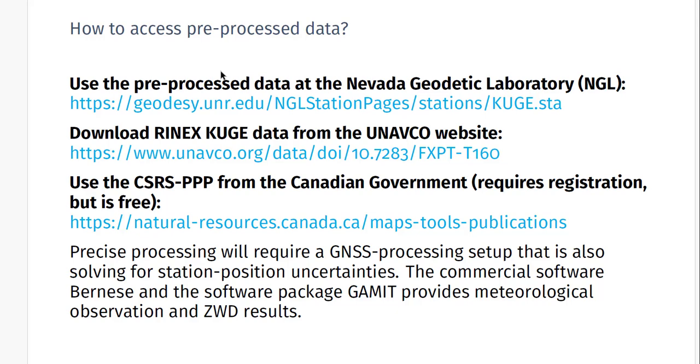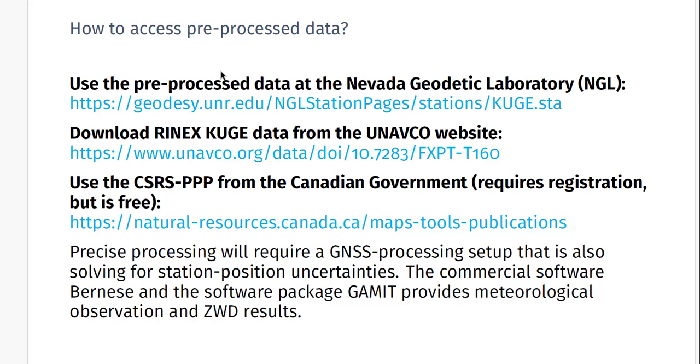Now, as I said, I just wanted to give you a quick introduction, and I would like to move on to some exercises so that you get to do some things. The way we have planned that is that we are going to use pre-processed data.